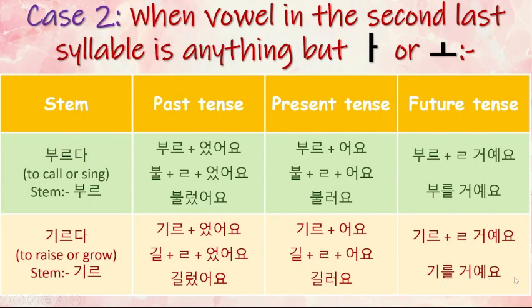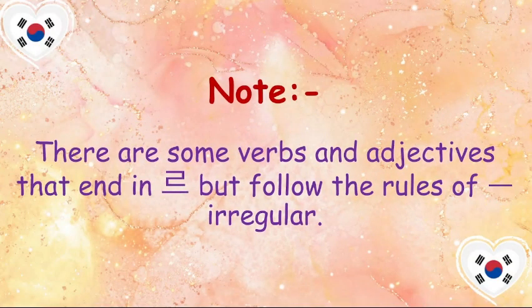Okay, so this is how you are going to apply the rules of this particular irregular on these given examples, right? Now, here is another note. There are some verbs and adjectives that end in l, but still they do not follow the rules of l irregular. This means there are some verbs and adjectives whose stem ends in l but still they do not follow l irregular.